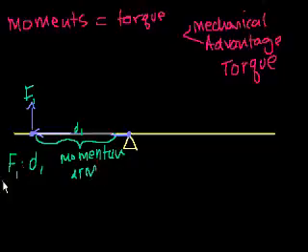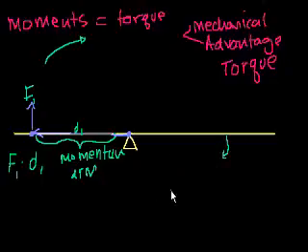And why is this interesting? Well, first of all, if this moment of force, or this torque, has nothing balancing it or no offsetting moment, it's going to cause this seesaw to rotate clockwise, since it's pivoting here. Right now, this end is going to want to go down like that.